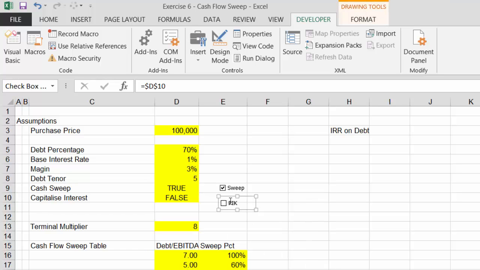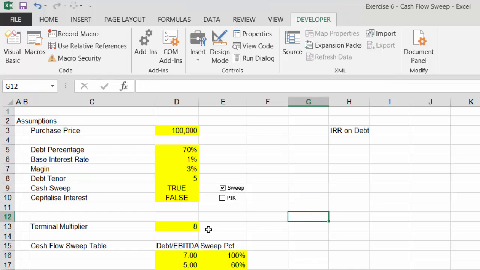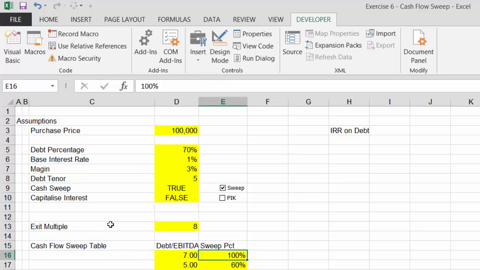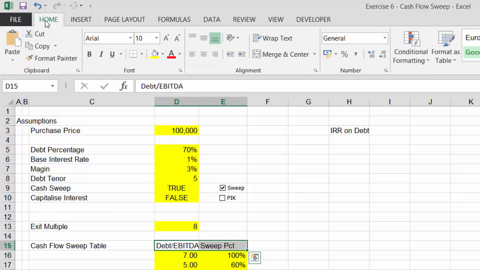And why is that? Here, okay, and then terminal multiplier. This is the exit multiple here, and then we have some levels. This is a little bit different because we have some levels of debt to EBITDA, and then given those levels of debt to EBITDA, we have some cash sweep.